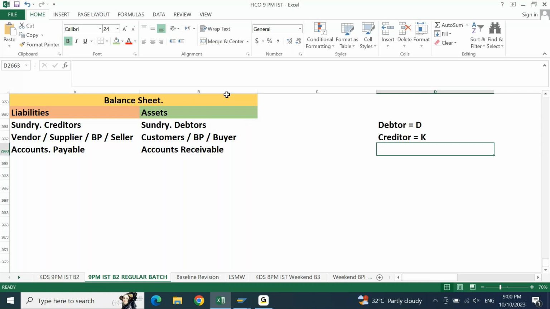Creditor means vendor, debtor means your customer. You need to understand, if you are talking about debtor, your account type is D. In our posting period variant, we have seen plus ADKMS. D represents debtor. Debtor means customer. K represents creditor. Creditor means vendor.